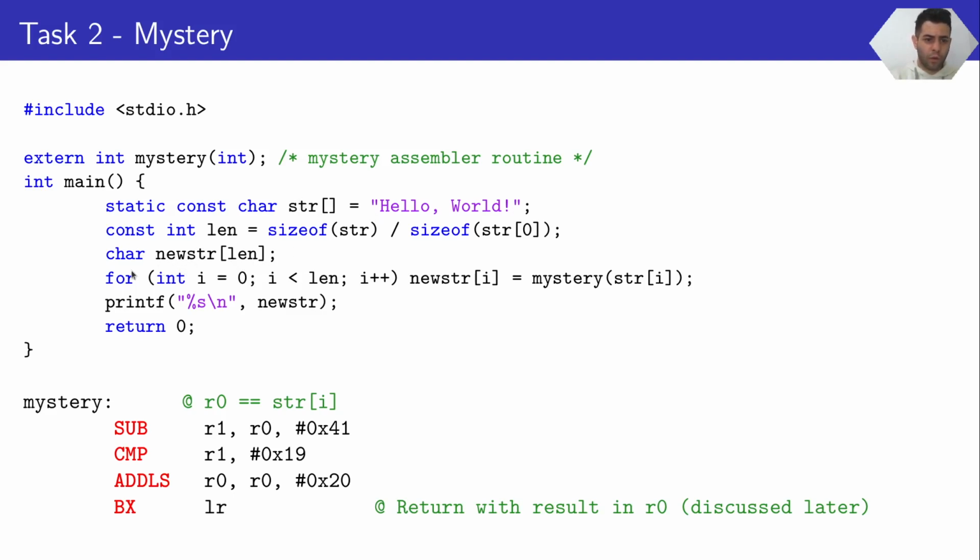So what we are going to do here, looks like that probably we are going to copy the string str, performing some modification one at a time of each of its characters, and then we are printing the new string. So my question is, what is this program going to print to the screen?